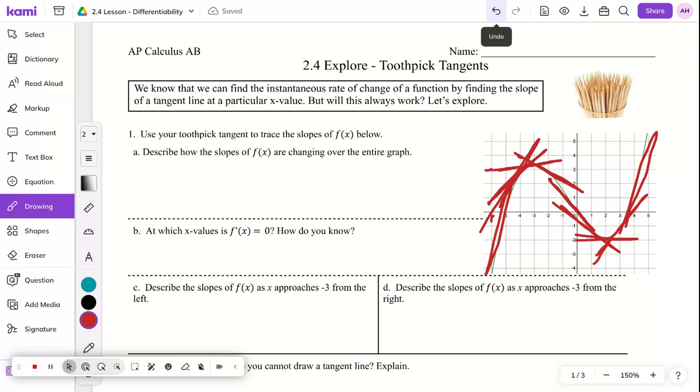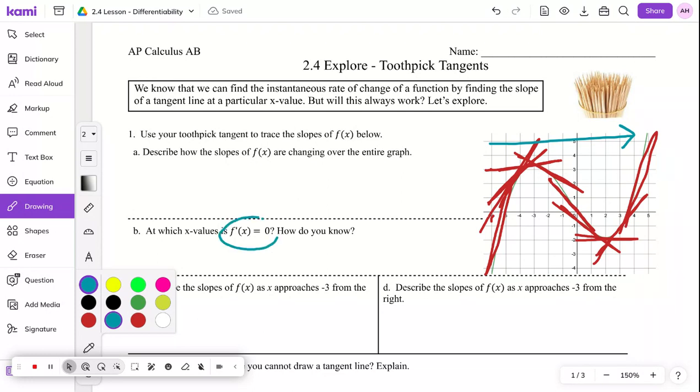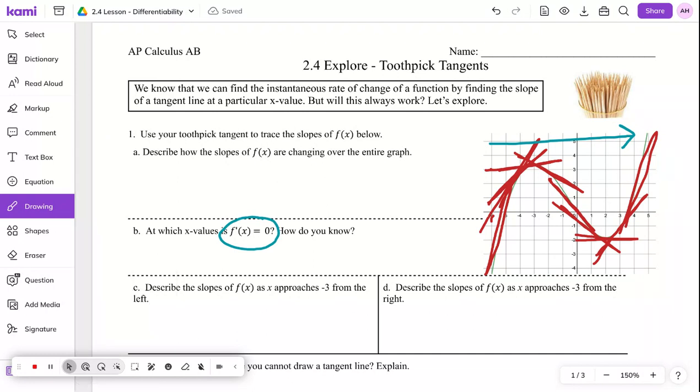A says describe how the slopes of f of x are changing over the entire graph. That means you're going to describe what's happening with these slopes as you move from left to right. We always read graphs from left to right. At which x values is f prime of x 0? We talked earlier this week about what f prime represents.